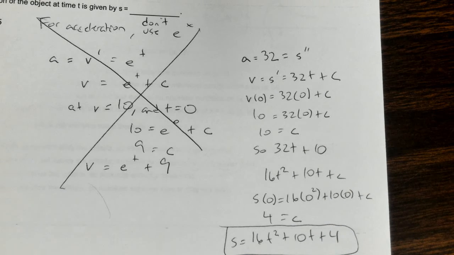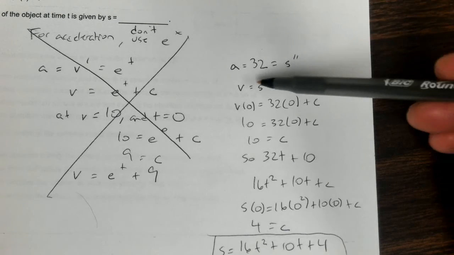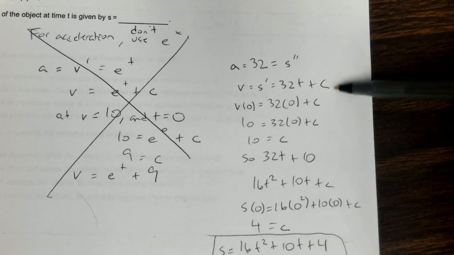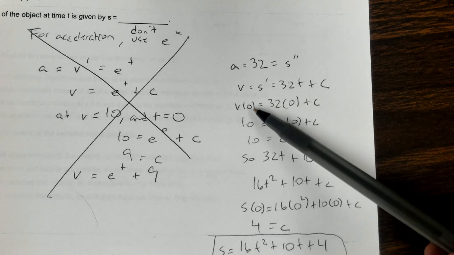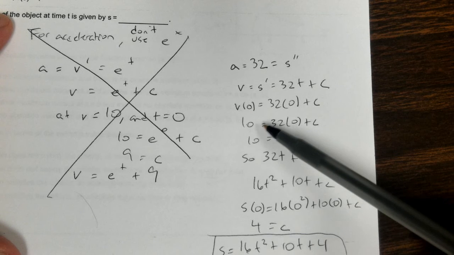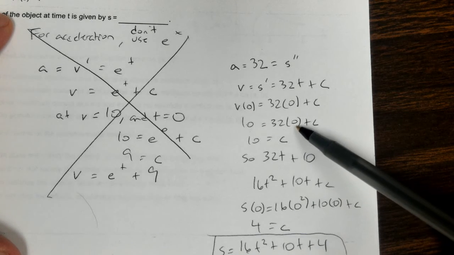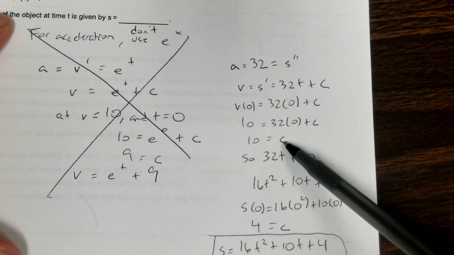So we start with a is 32, and then v had to be 32t plus c, and then you plug in v of 0 is 10, so put 10 equal 32 times 0 plus c, so 10 is equal to c.